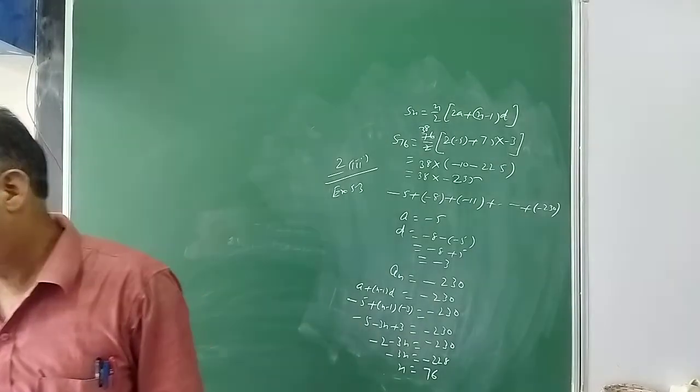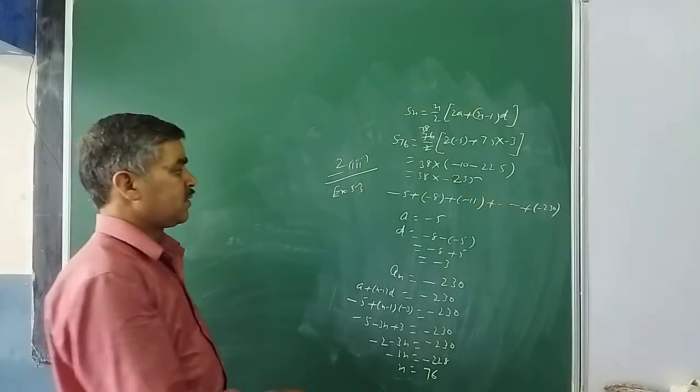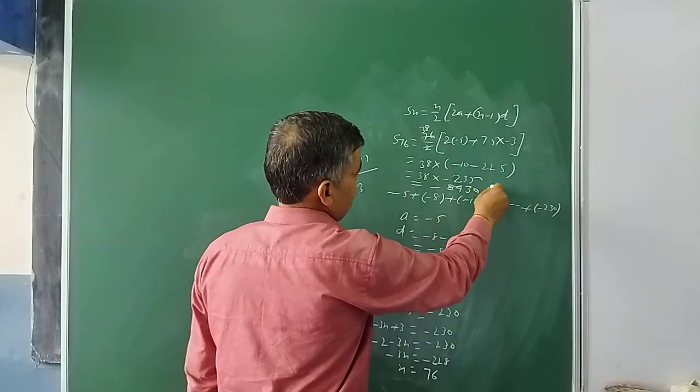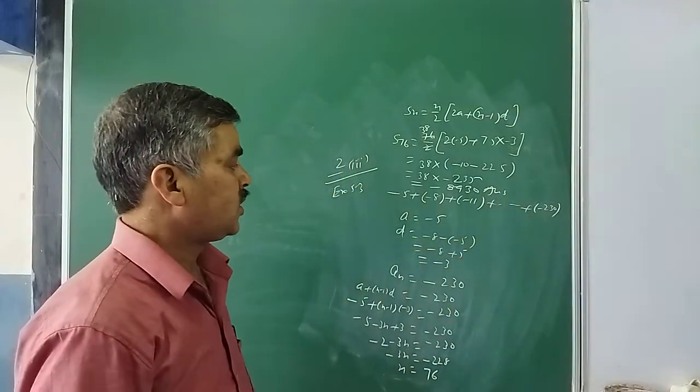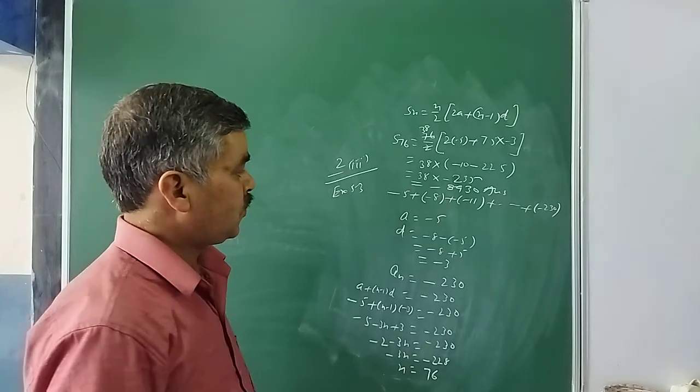So 38 into minus 235, the product is equal to minus 8930. That will be the answer, minus 8930.